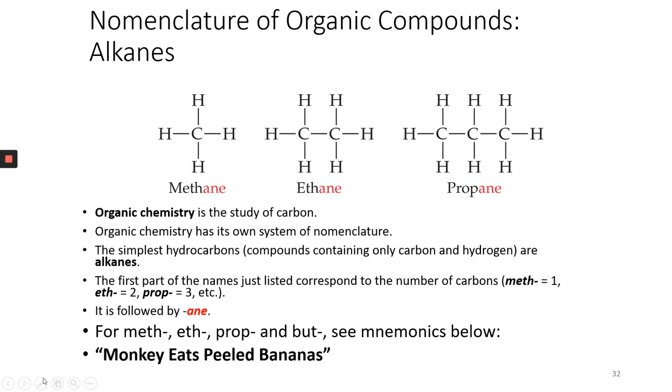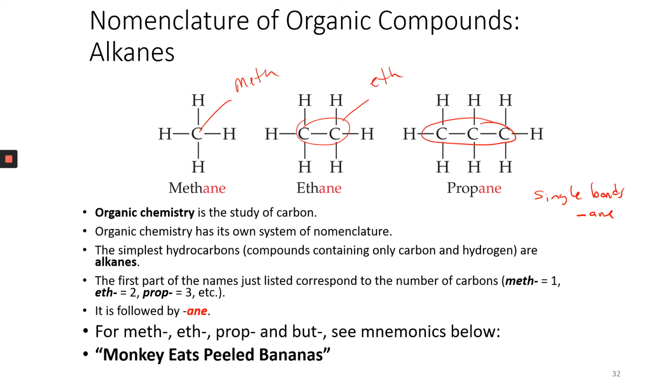Organic compounds. So if you have a compound where you have carbon and hydrogens bonding and they're all single bonds, they end in ane. And your prefix that goes with that ane depends on how many carbons you have. So if you have 1 carbon, it's meth. 2 carbons, it's eth.